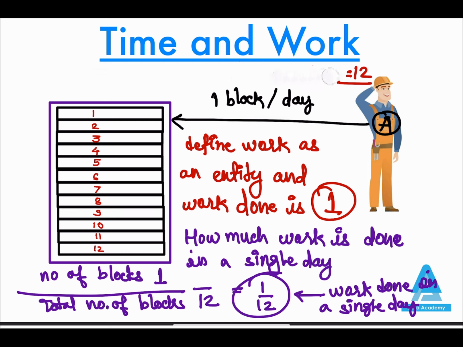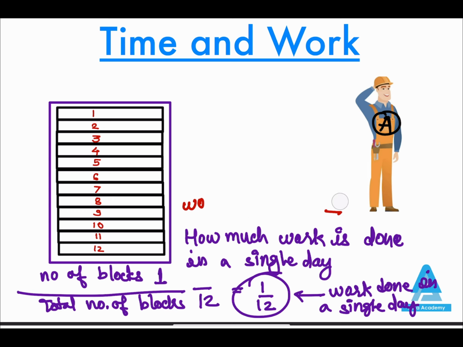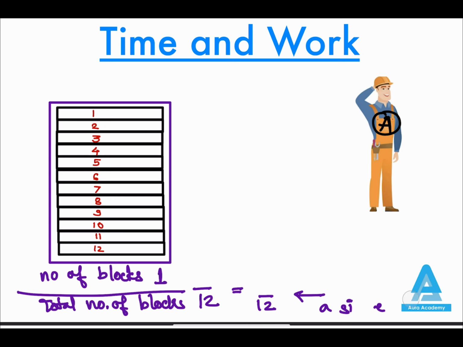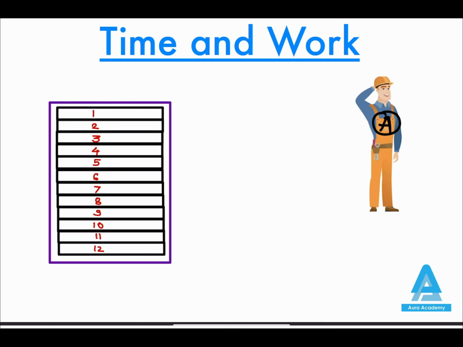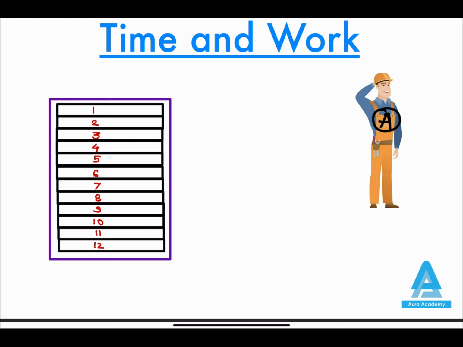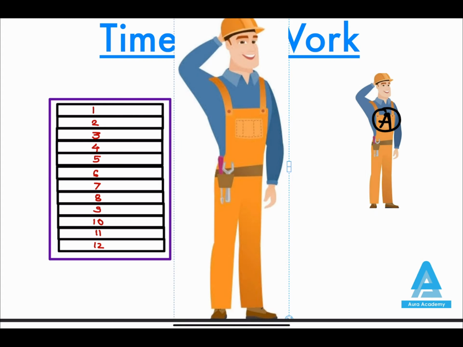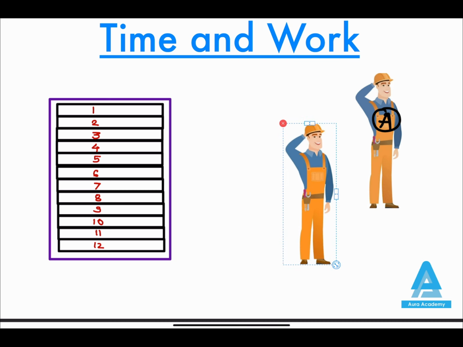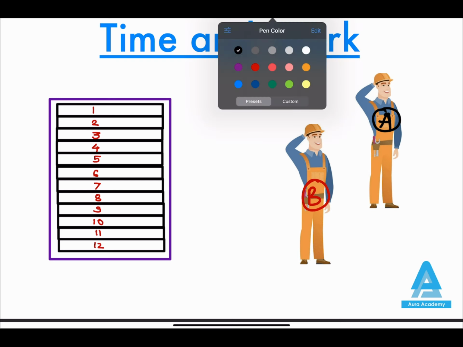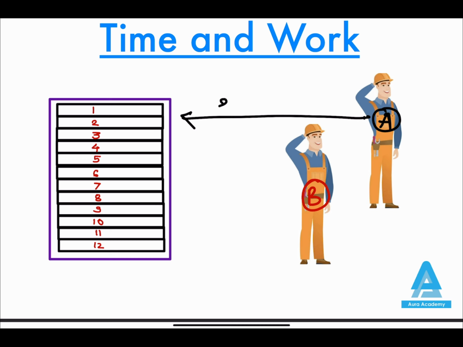Now consider a different scenario. In this scenario, A is getting help from B. Here is our happy worker B. A is able to remove 2 blocks a day, and B is able to remove 3 blocks a day.